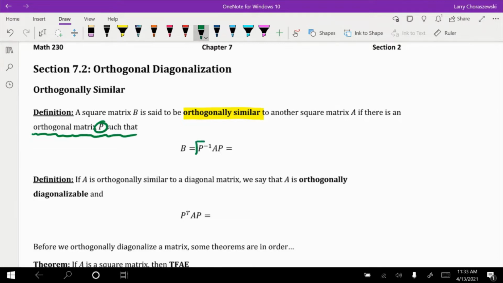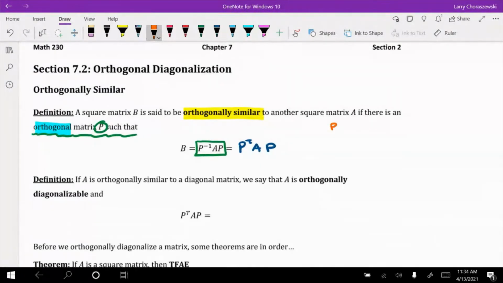We have seen that expression before back in chapter 5 when we were talking about diagonal matrices. But because we're assuming that P is orthogonal, based on yesterday's discussion, this would imply that the matrix B is also equal to P transpose AP.